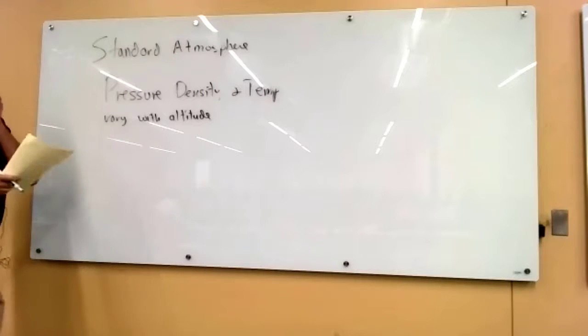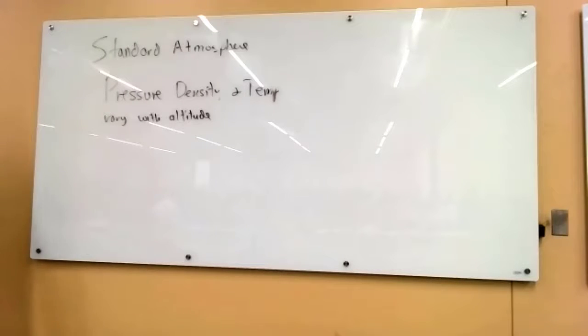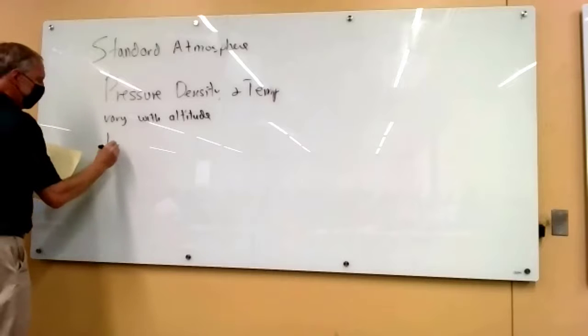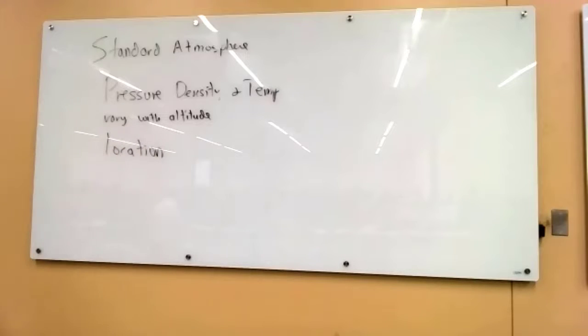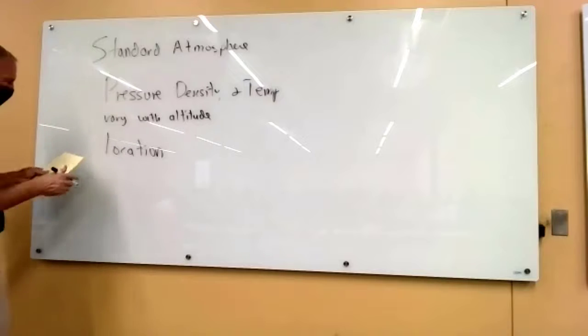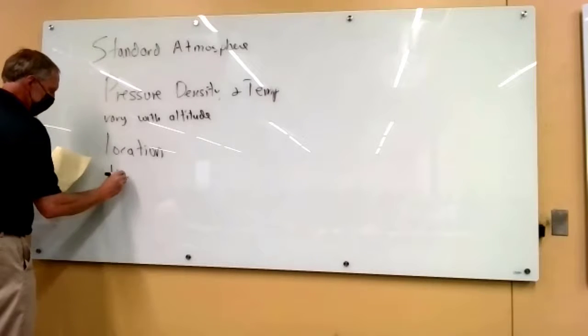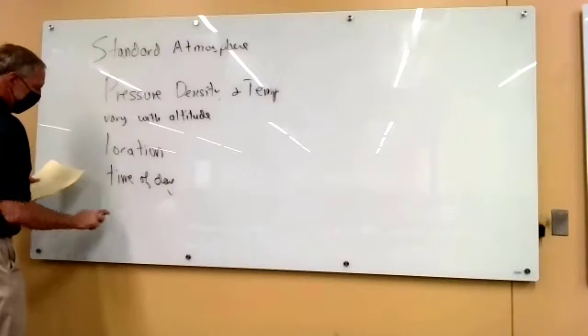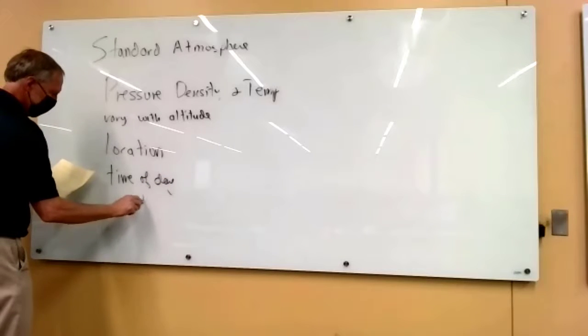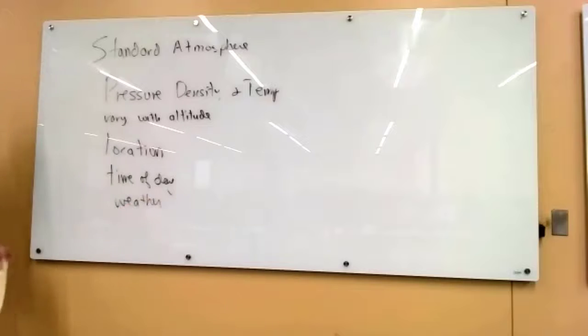There's less air until you get into space and there's no air up there. Also varies with location. On the globe, if you're in Hawaii, it's warmer most of the year than it is, say, at the North Pole. Time of day, weather. So with all these, things vary.